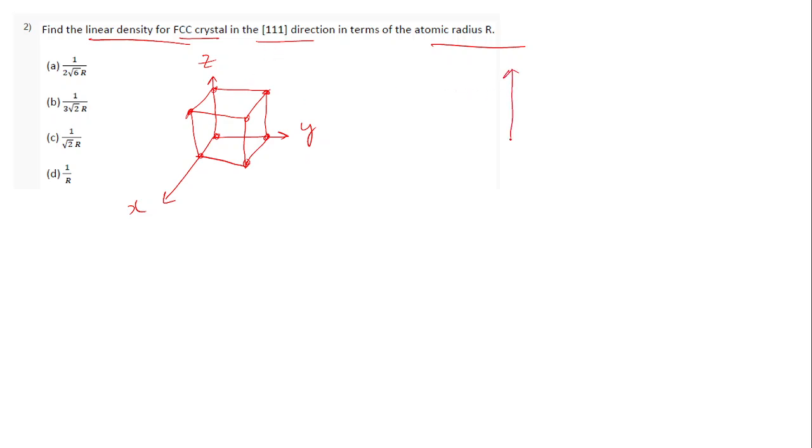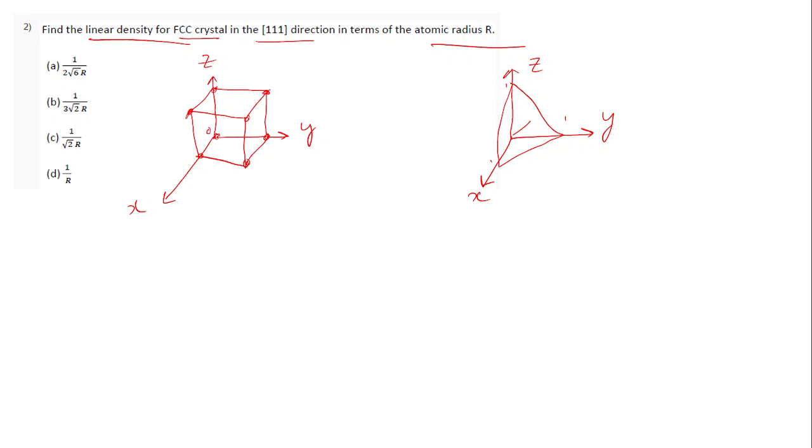I think by now you have understood what our 111 direction is. When we have a plane making intercepts at 1 on all 3 axes, that plane is (111), and the direction perpendicular to that is the 111 direction. So in this cube, the 111 direction is the body diagonal.